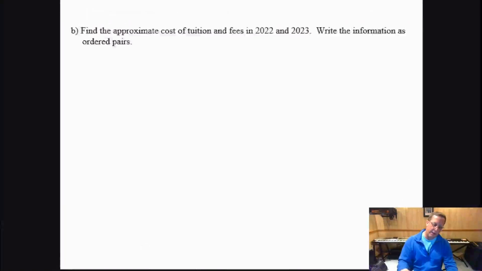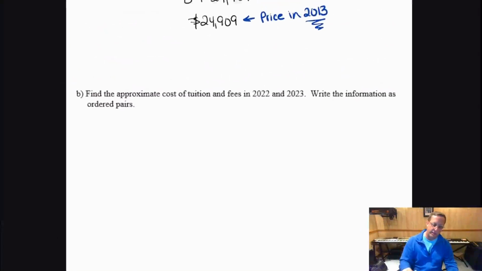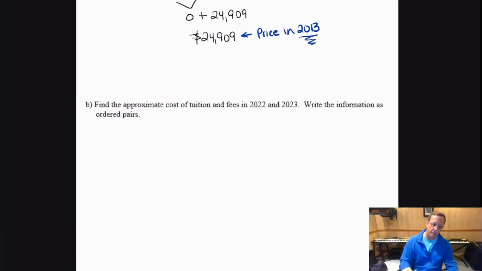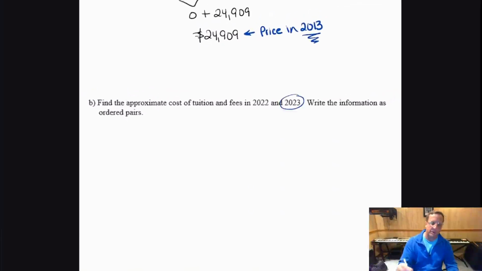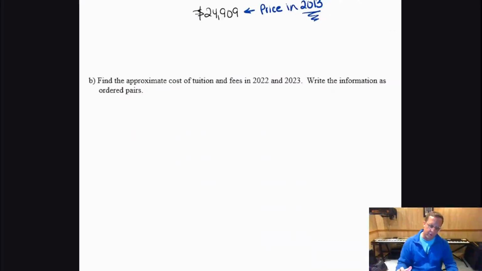All right, find the approximate cost of tuition and fees in 2022 and 2023. I'm going to use 2023 because that's exactly 10 years after 2013.